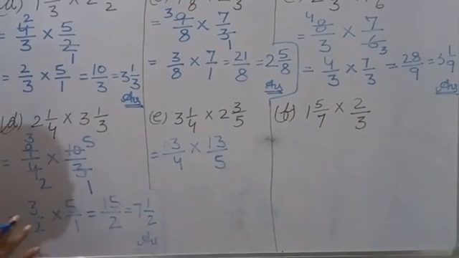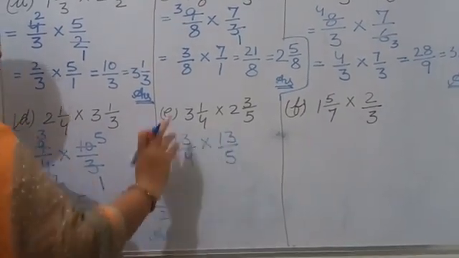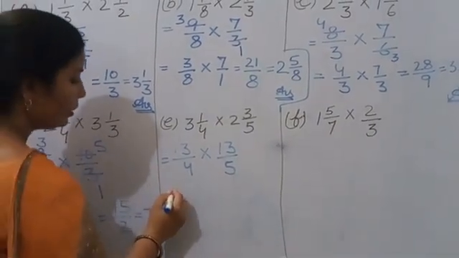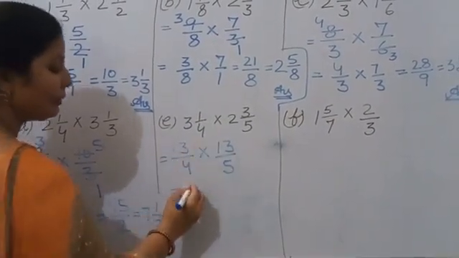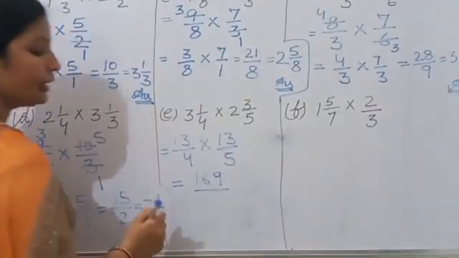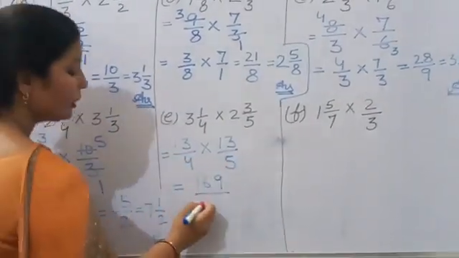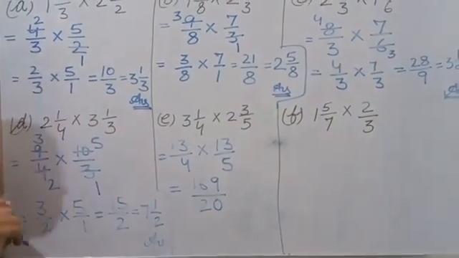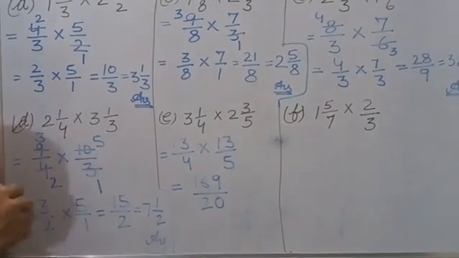So what will we do? Numerator multiply by numerator and denominator multiply by denominator. So 13 multiply by 13 we will get 169. 13 13s are 169 and 4 5s are 20. Now it is what? Improper fraction. So we change it into mixed.